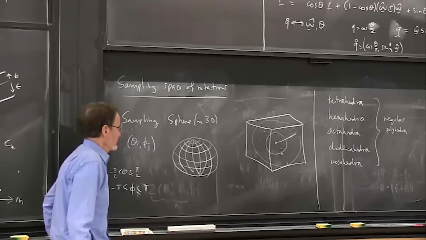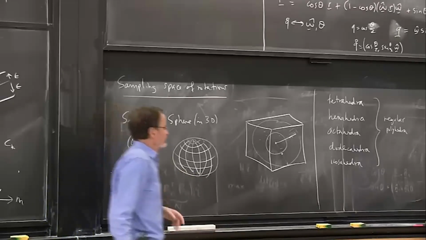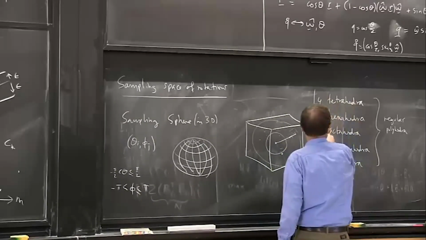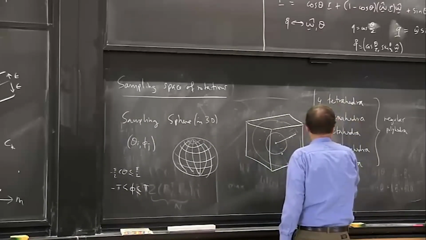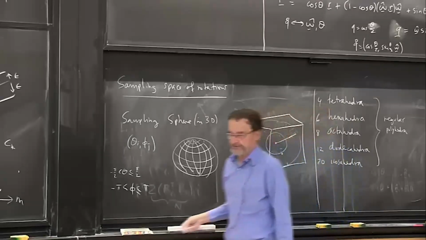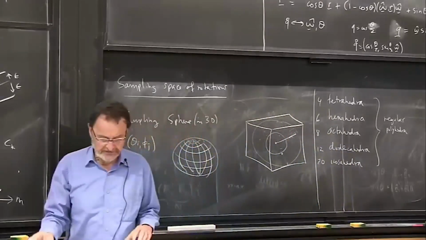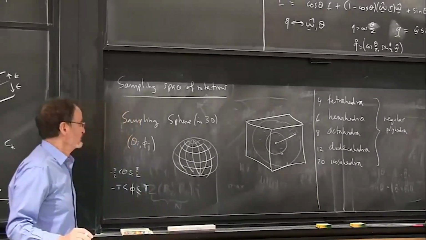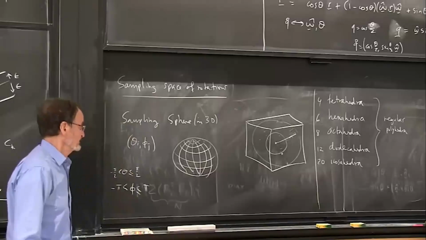What's the problem? Well, the only thing is that there aren't too many facets. So tetrahedra 4, 6, 8, 12, 20. So we're not dividing the sphere up very finely, and as Plato discovered, that's it. There aren't any more. So that means we have to subdivide.